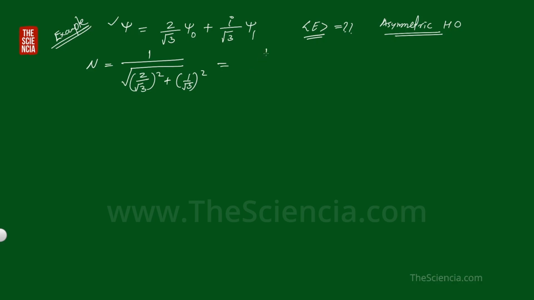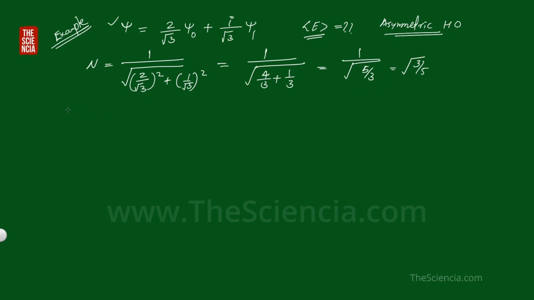That gives 1 by root of 4 by 3 plus 1 by 3, that is 1 by root of 5 by 3, that is root 3 by 5. So root 3 by 5 is the normalization constant.